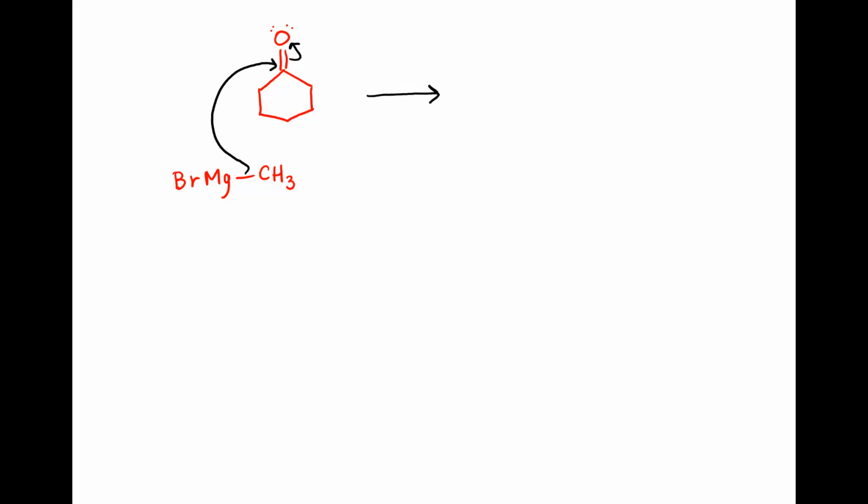So now we've introduced this methyl group, and we have an alkoxide intermediate, and then water is introduced once the reaction is complete in order to have a proton source to produce the alcohol product.